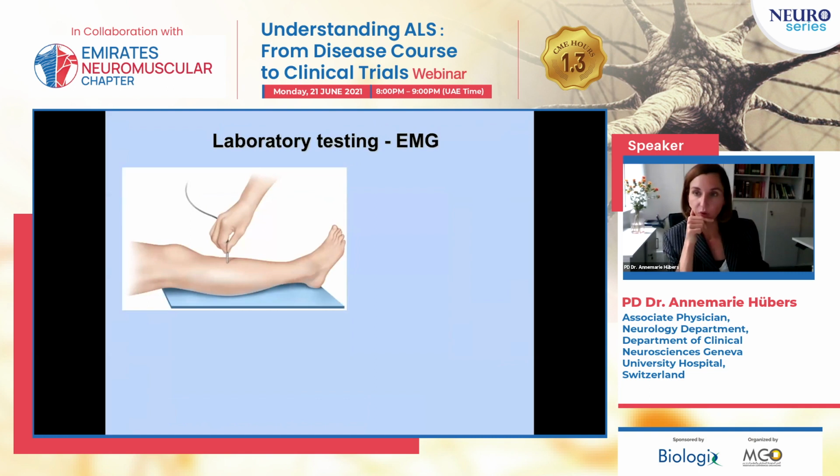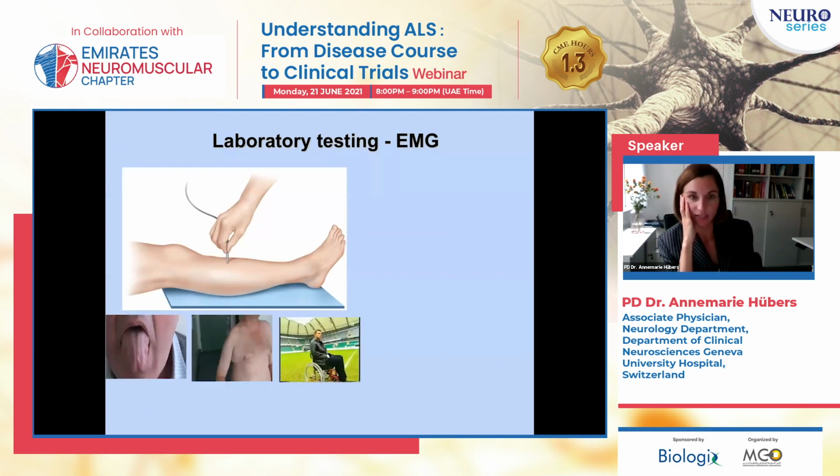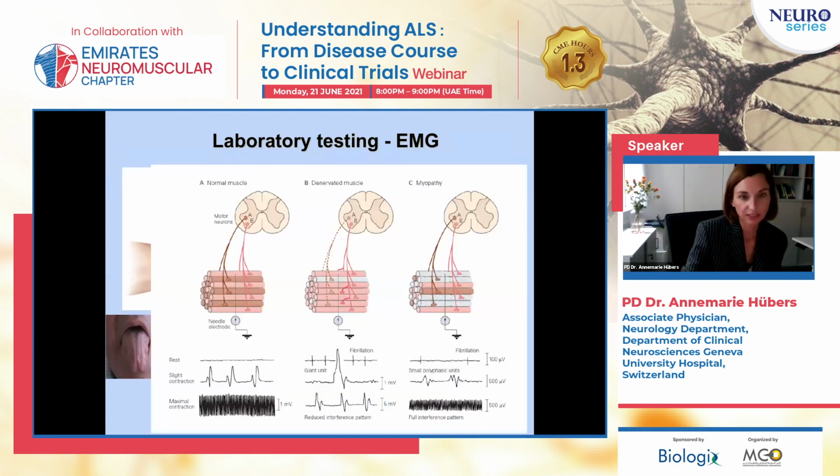For the clinical approach, differential diagnostic effectively bases on the EMG, so the needle myography that you can perform in the different regions I mentioned. And what you see in a denervated muscle, as I mentioned before, due to degeneration, you will find what we call pathological spontaneous activity.